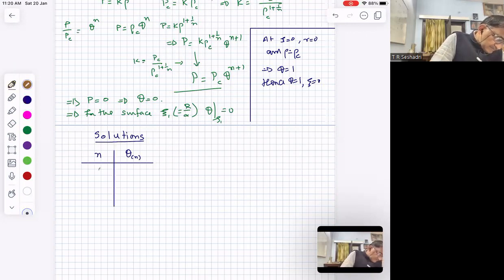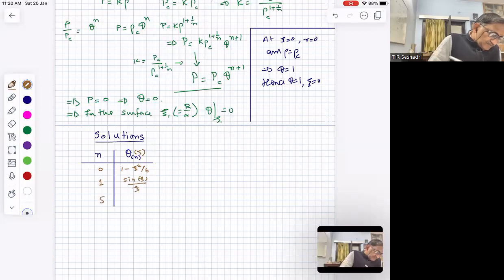For n equal to 0, this is 1 minus xi square by 6. Then when n is equal to 1, we had sine xi by xi.